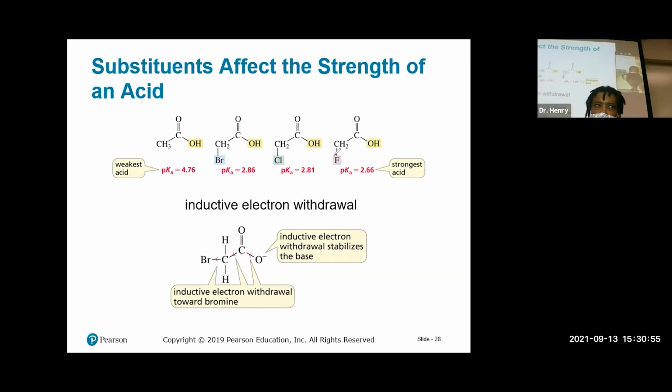You guys get that? Where this guy has a weaker pull. Okay, so because this guy is on the other end, it's going to be pulling the electrons from this side, the acid part of it. So it's going to be pulling that negative charge towards it. So the ones that have the most electronegativity are going to cause that acid to be stronger, right?